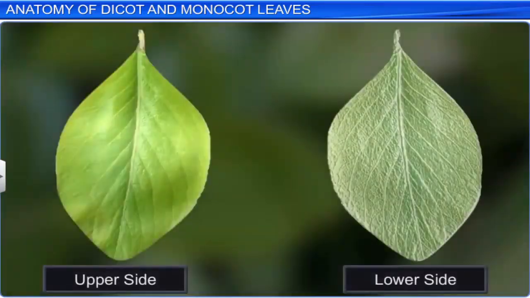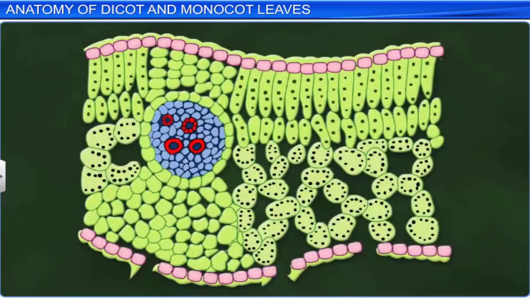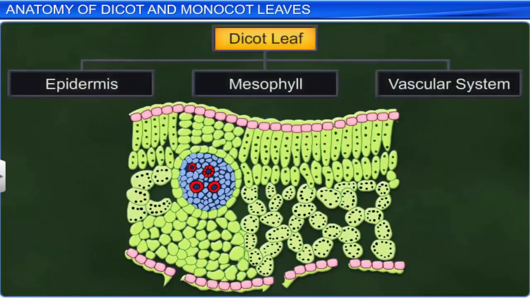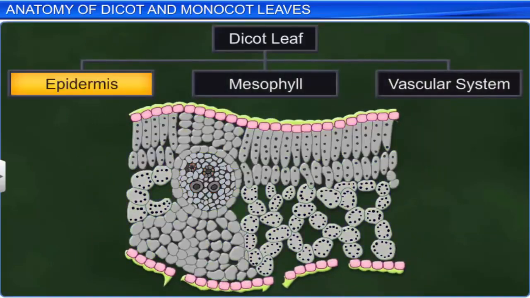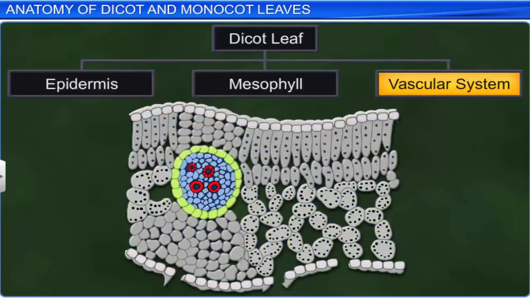A dicot leaf is also known as dorsiventral, as its upper and lower sides are different in structure. On observing the transverse section of a dicot leaf, we find that it has three main parts: epidermis, mesophyll, and the vascular system.